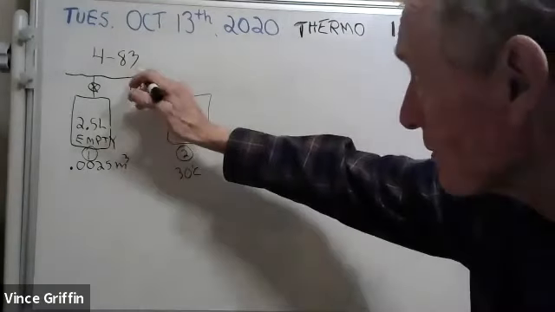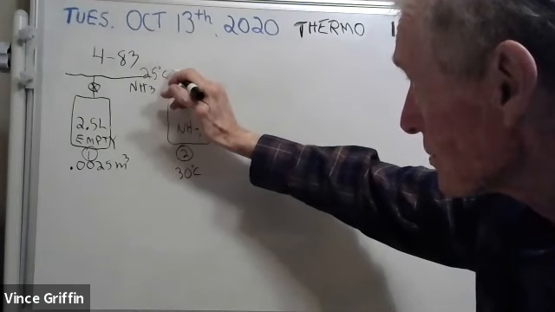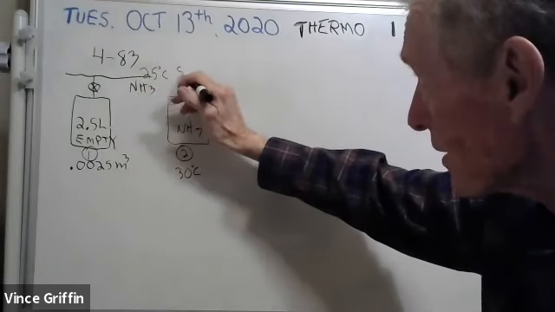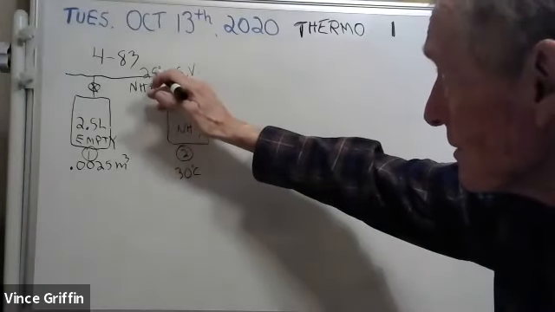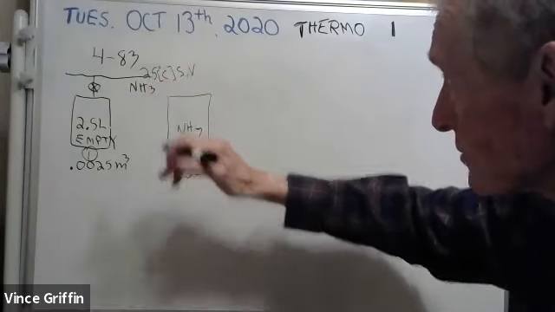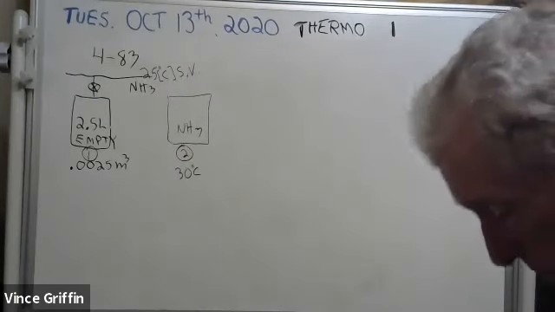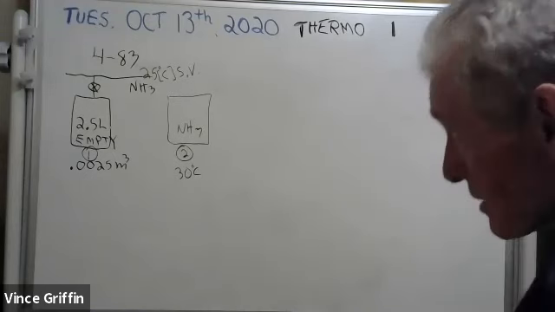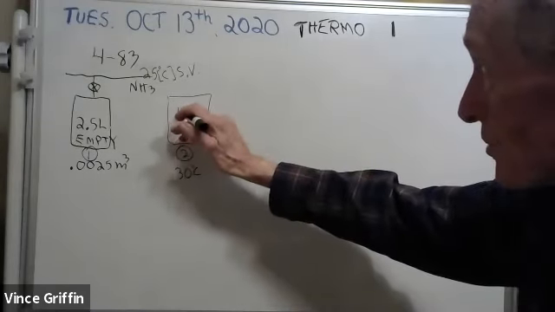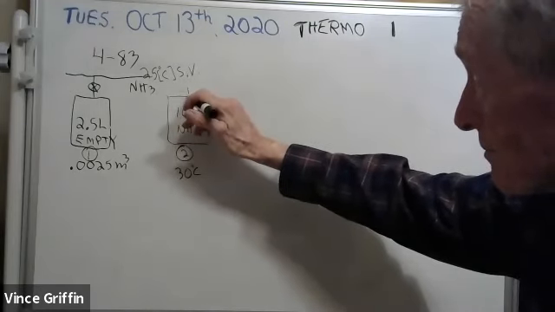But now this stuff's coming in at 25 degrees Celsius and it's saturated vapor, they said. Saturated vapor. Okay, 25 degrees. All right. Oh, they told us there's 10 grams. We now have 10 grams of ammonia in our tank.